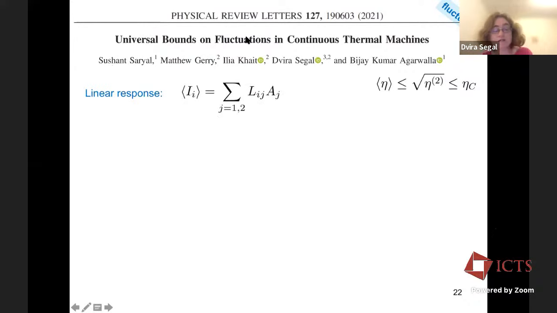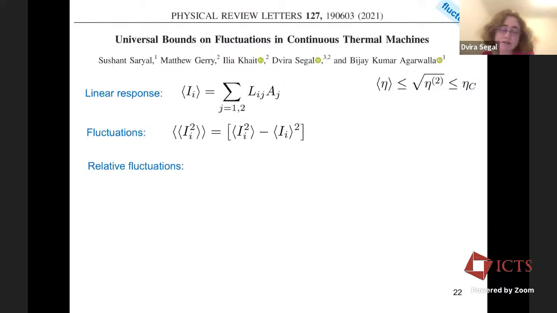So this whole analysis is limited to linear response. The proof of this result is limited to linear response. So I have the currents, and they depend on, obviously, the affinities with these coefficients. I can also define fluctuations, so the variance of these currents. Again, in my context, the currents could be the cooling current, the work current, the heat current coming from the hot bath.